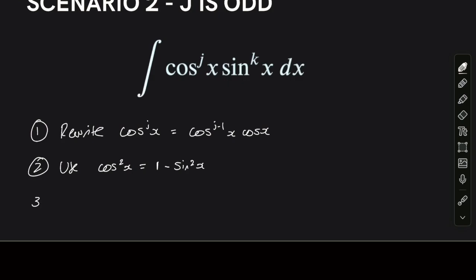Similar to what we did before, just on the other side, and then integrate using u is equal to sin x, because this is going to give us du is equal to cos x dx. Perfect. So without further ado, let's get an example going.